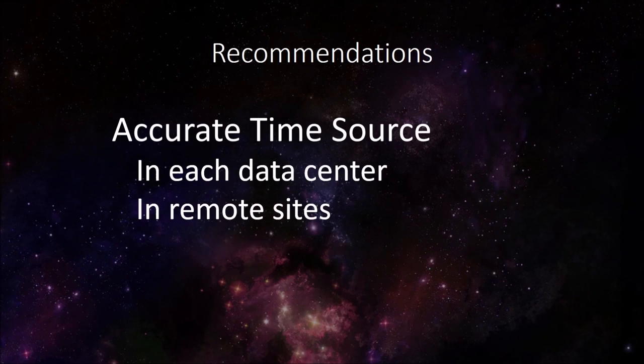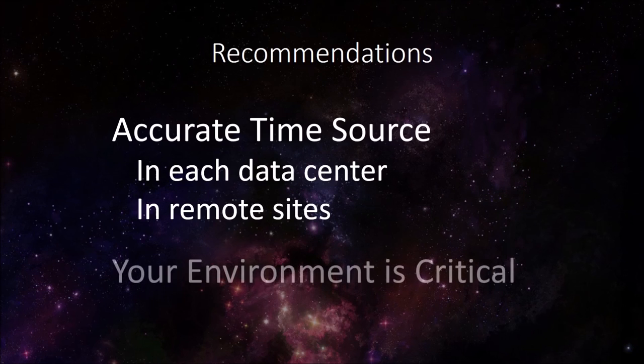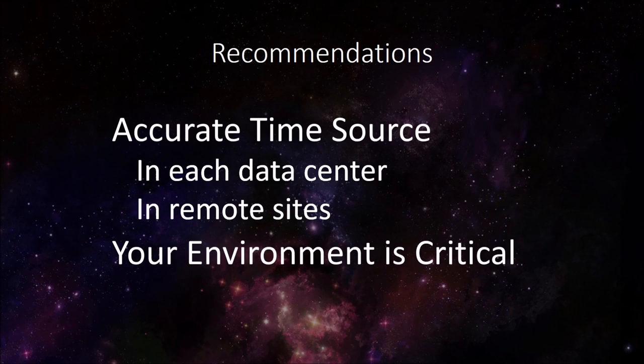If you have remote sites, you should set up an accurate time source locally and denote that in your domain as a good time server, which forces local clients to access it instead of the remote DC. And since accurate time is dependent on your network architecture, you will need to test your environment to validate your accuracy requirements. Each environment is different, and even the machine's clock hardware and firmware revisions can affect your accuracy. This is where those new performance counters can really help you out.